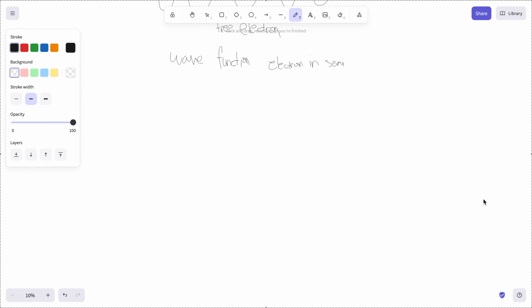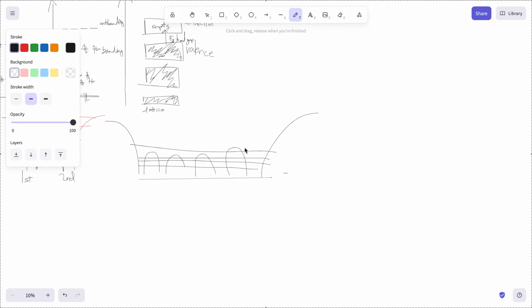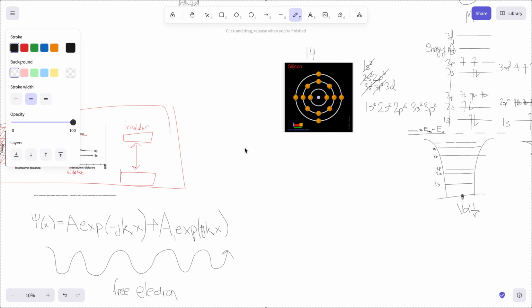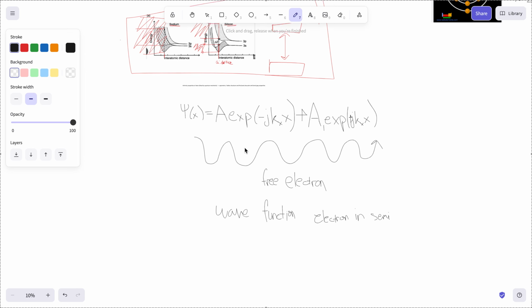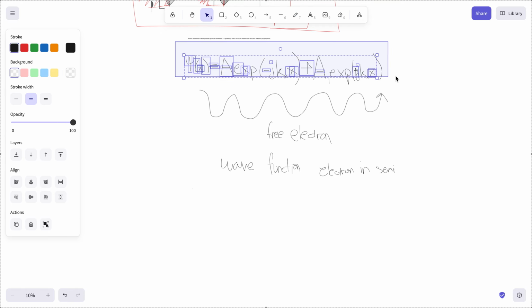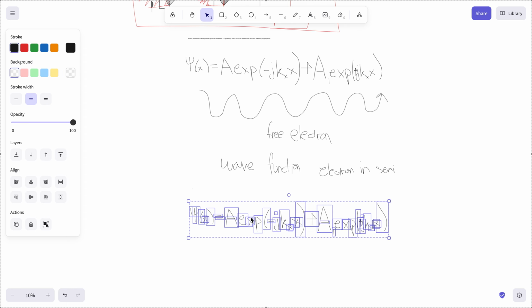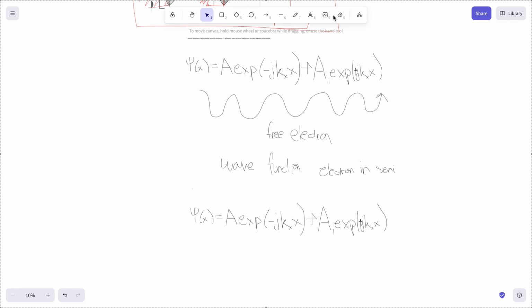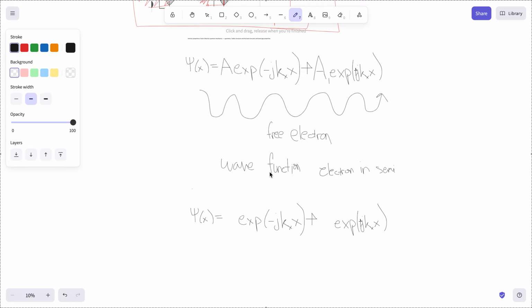Here, phi of x looks very similar, and it's still a wave, but it's a wave that's being modulated by Coulombic forces from the nucleus.